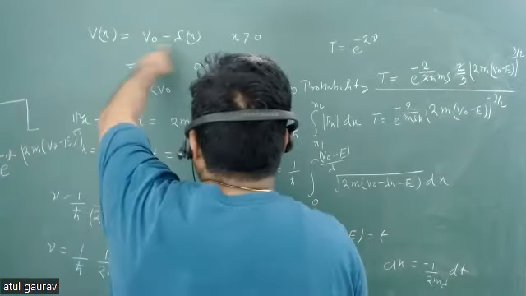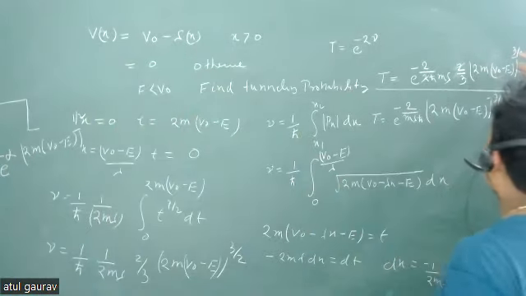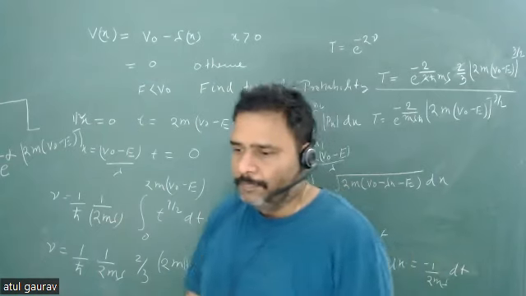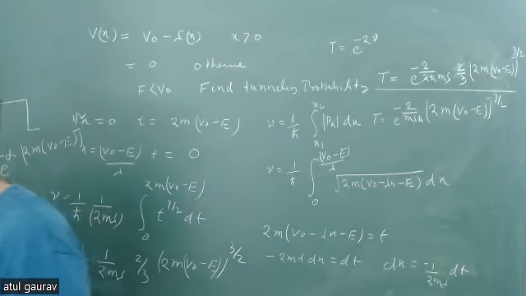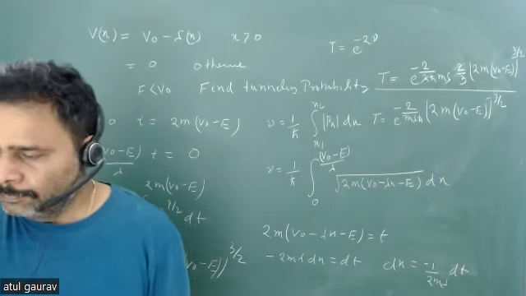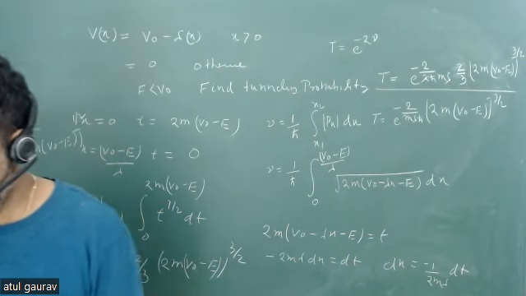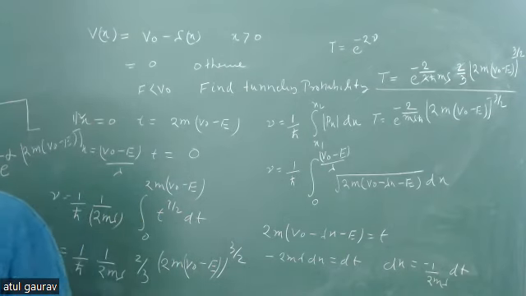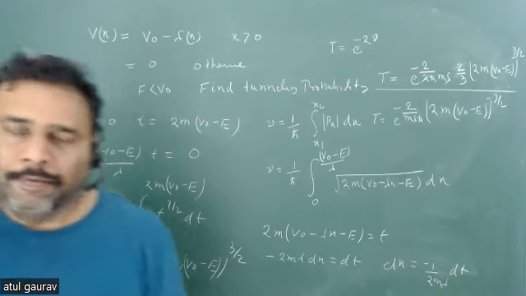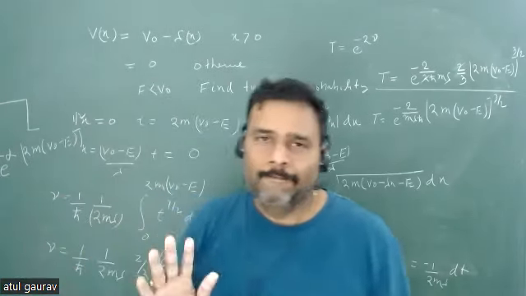And when your potential is linear, then this is something like 3 by 2. है ना? Everyone getting this one? This thing?